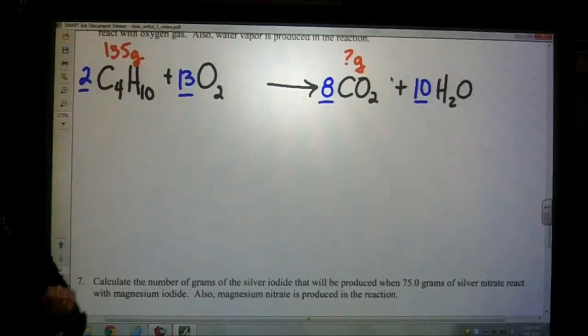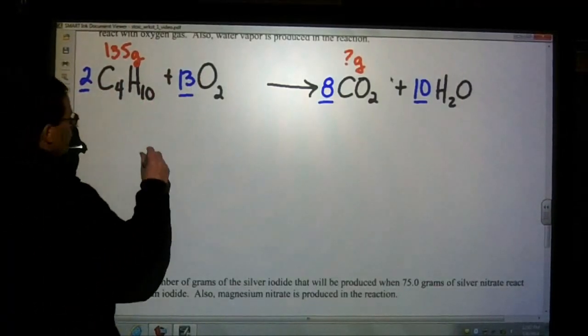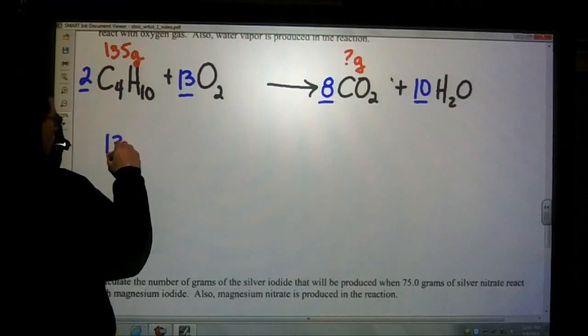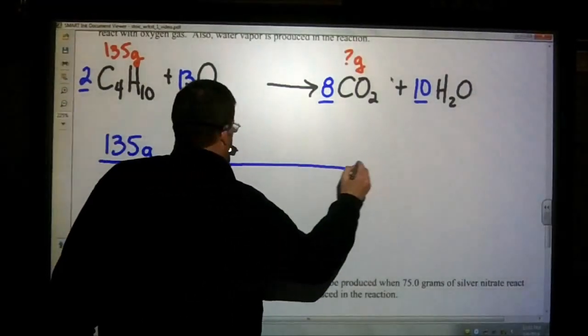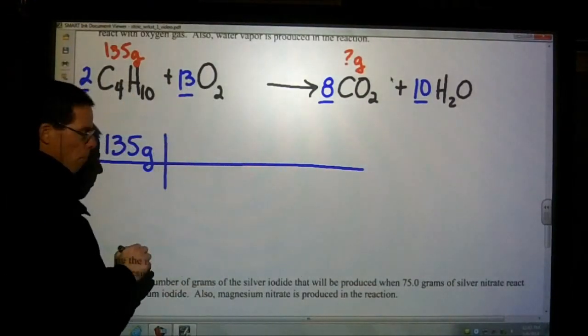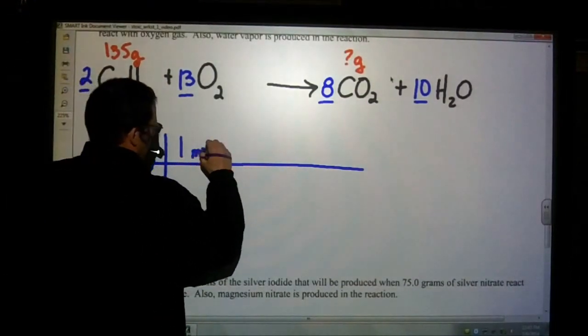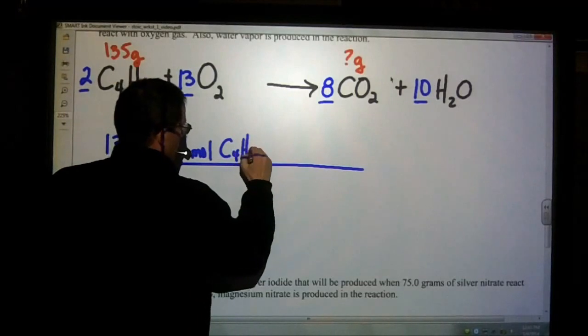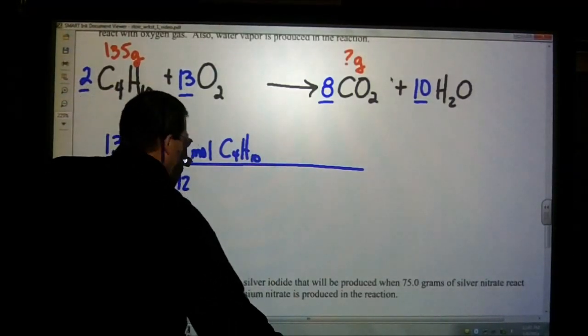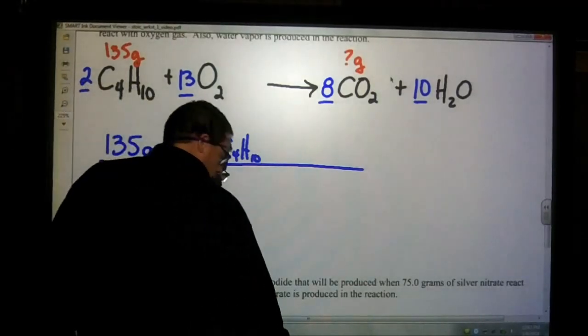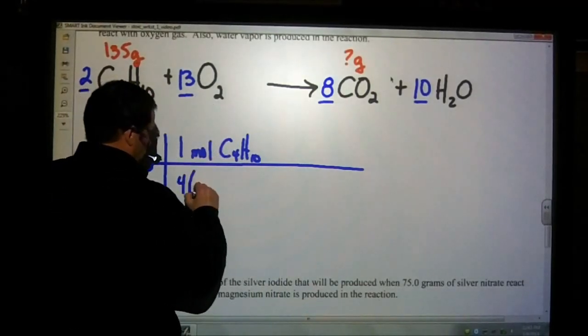Start with what you know. So step 1's done. Step 2, change what's given into moles. So 135 grams of butane. And I need to change that into moles of butane. So 1 mole of C4H10. And again, let's find the molar mass for that.